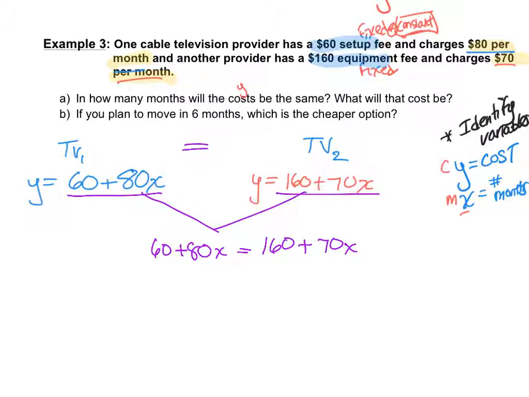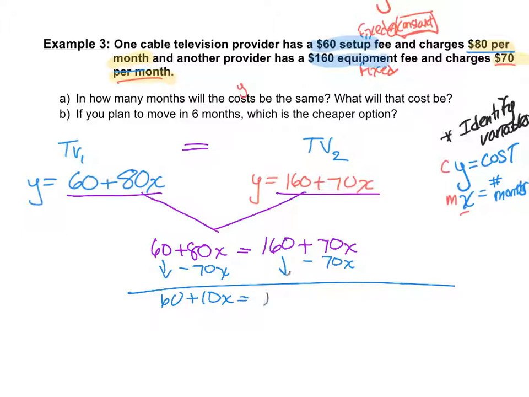Well, that purple beautiful equation is actually a one variable equation. You're going to solve. I'm going to subtract the 70x. That's going to leave me 60 plus 10x is equal to 160. Now I'm going to subtract the 60 on both sides, and I'm going to get that 10x is equal to 100.